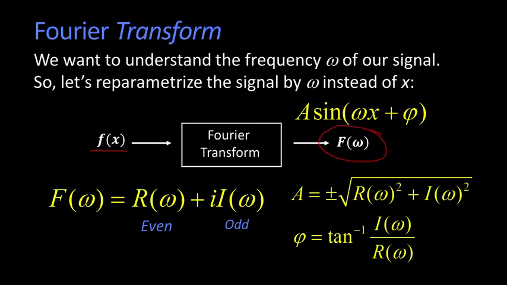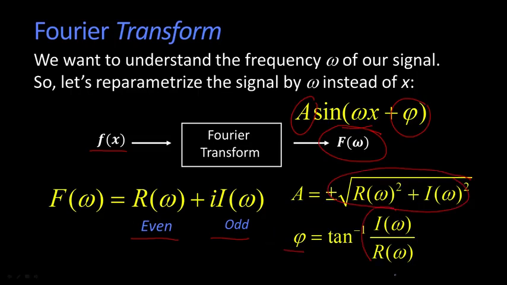And the idea is that cap F would decompose into an even component and an odd component being represented by complex numbers. And so this would allow us to represent both the magnitude and the phase for a given frequency. And if you wanted to, you could recover that magnitude and phase. The magnitude is just the square root of the sum of the squares of each of the real and imaginary components, and the phase was just this arctan of this relation.